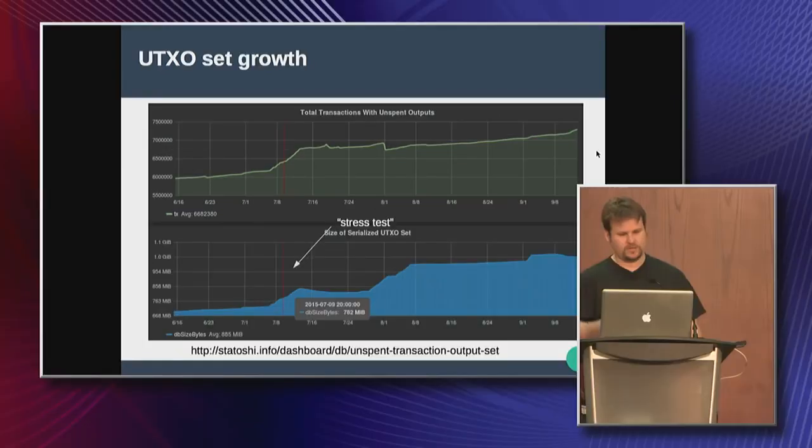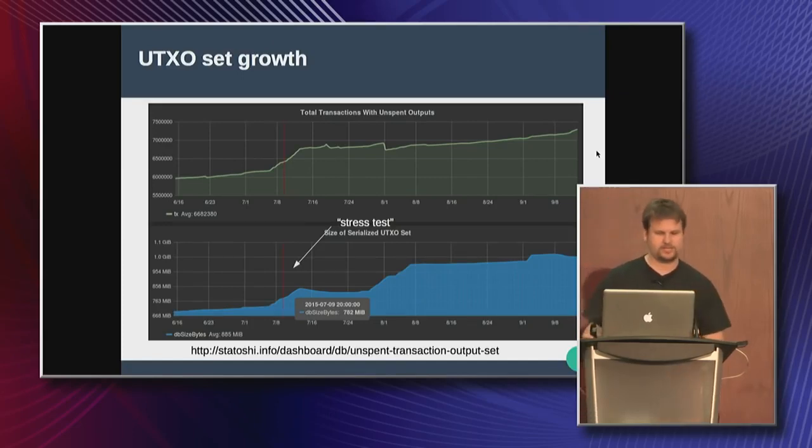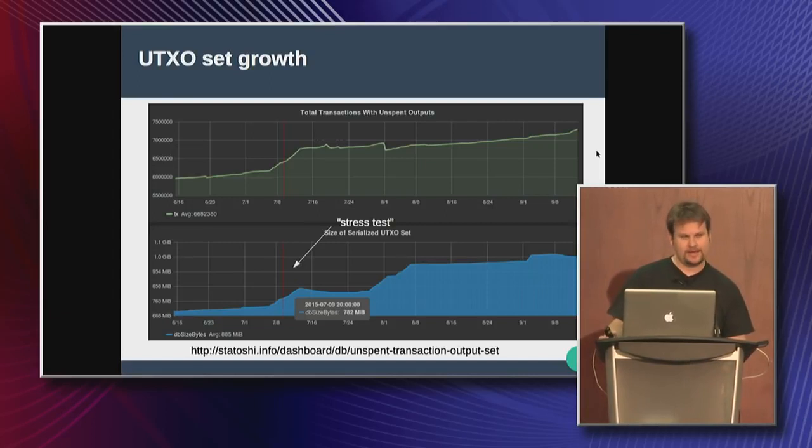And the red line there indicates the point of the first stress test, which grew the UTXO set size from around 650 megabytes up to about 850. So a massive increase at relatively little cost to the people who are running this. And those UTXO outputs, some of them were spent, most of them still on the chain. And for the most part, they're clogging up the database that is used by Bitcoin to validate blocks. So they're making every block afterward slower.